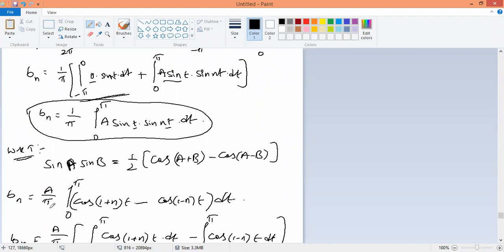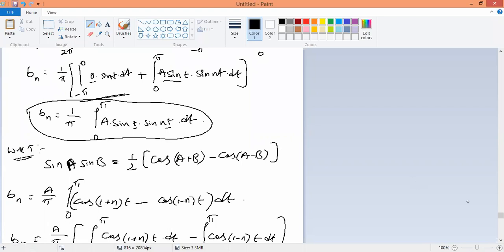A is a common constant, so I separated it. So a by pi integral 0 to pi cos of (1 plus n)t minus cos of (1 minus n)t dt.